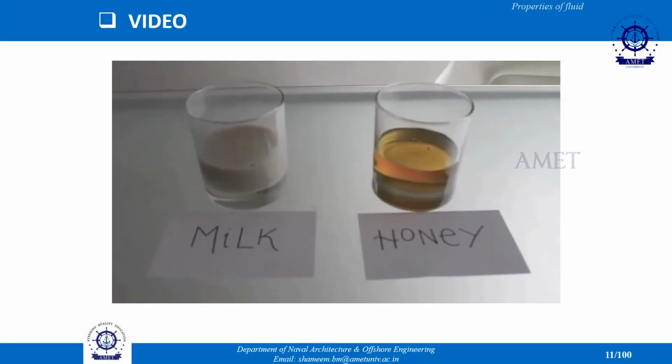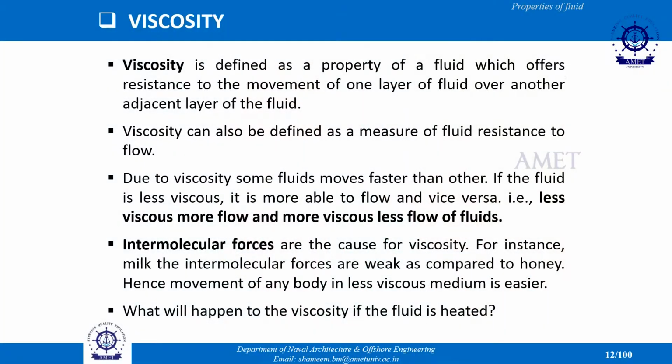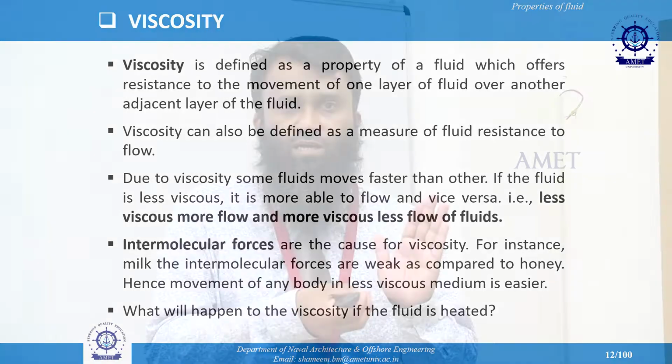So, another important property is called viscosity. We know that if I take milk and honey, definitely there is some change. If I take milk on a flat plate and keep it vertical, we see that the milk will suddenly fall down, but it is not the case with honey.